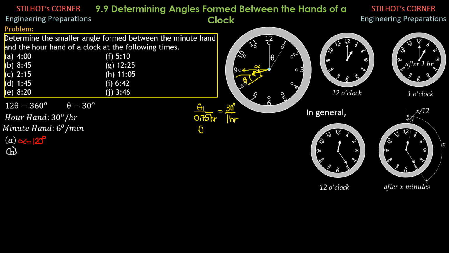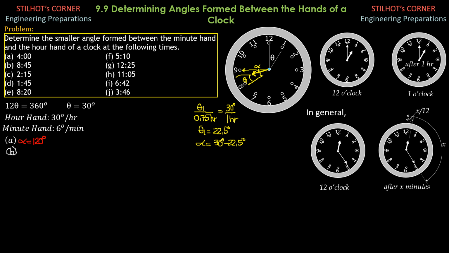Therefore, theta 1 is equal to 0.75 of 30, and that's 22.5 degrees. Therefore, at 8:45, alpha is 30 degrees minus theta 1, 22.5, and that is equal to 7.5 degrees.